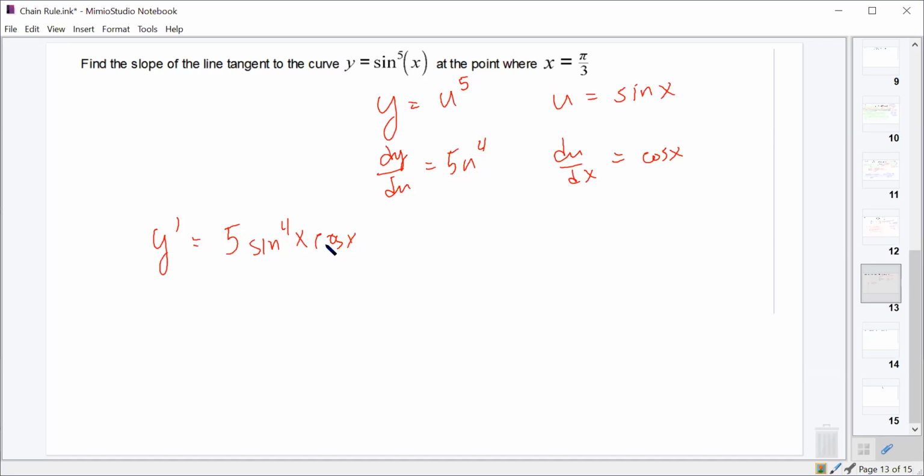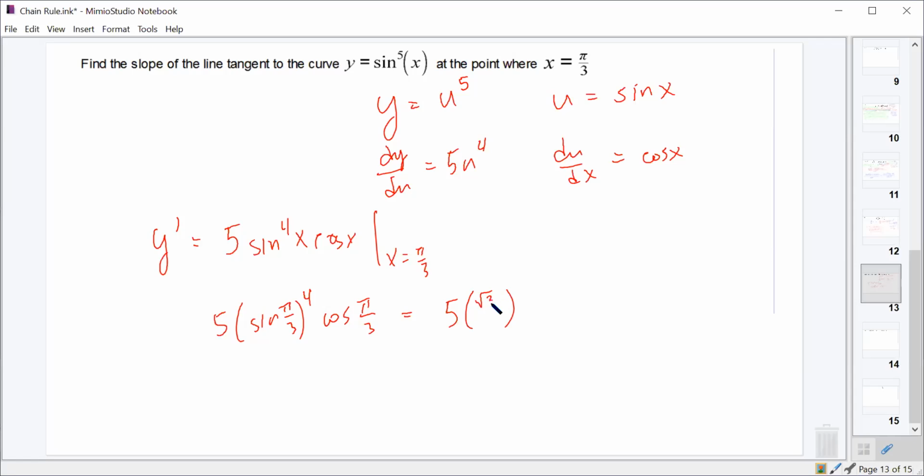And if we want to evaluate it at x equals pi over 3, well, just plug in pi over 3. We have 5 times the sine of pi over 3 to the fourth power times the cosine of pi over 3. And what's the sine of pi over 3? Root 3 over 2.